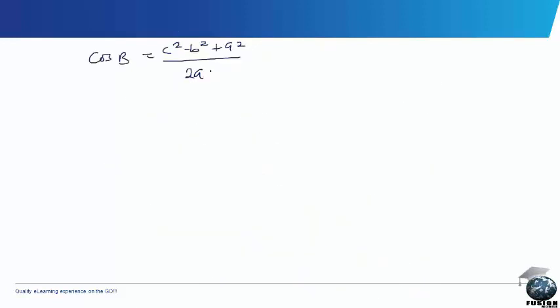All right, and I want to give you a little secret from the formula we've derived, and I believe it will help you. Now look at the formula for the cosine rule.